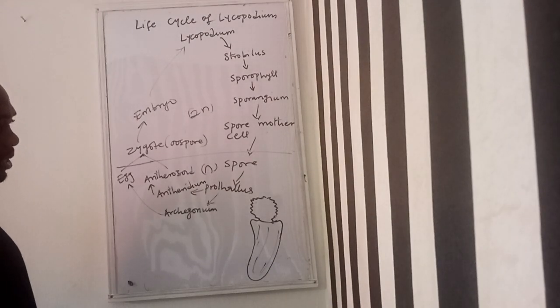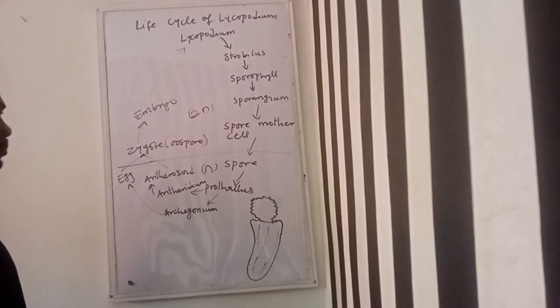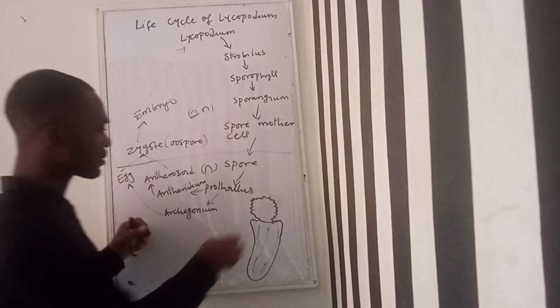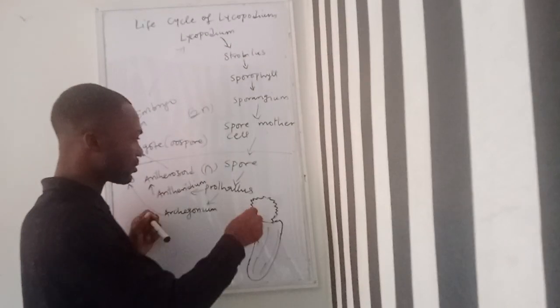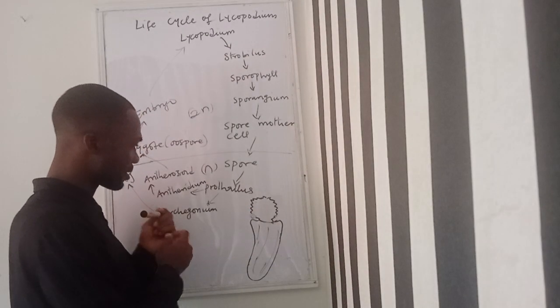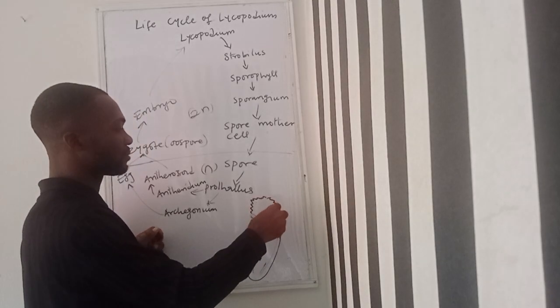So just know that the group of Pteridophyta whose prothallus is usually affected by fungal infection is the prothallus of Lycopodium. Of course, the archegonia is usually found here. Then the antheridium is found around here.